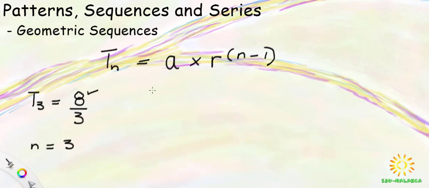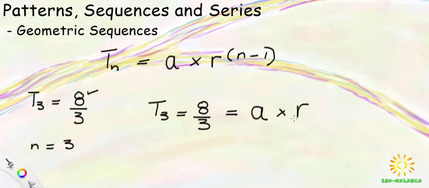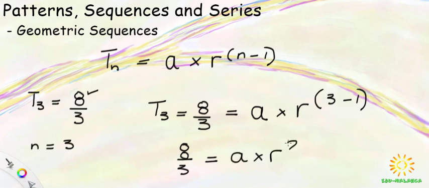The general term will then become T3, which is 8 over 3, is equal to A, which we still don't know, times R, and we also don't know what our common ratio is, to the power of n minus 1. We know that n is equal to 3, and then 3 minus 1. We'll then simplify this expression over here. We'll have 8 over 3 is equal to A times R squared.